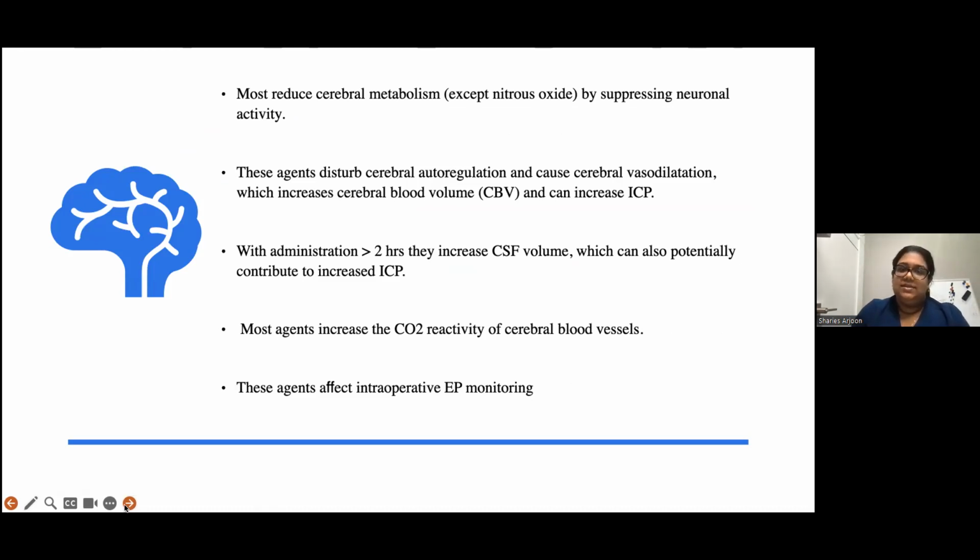These agents disturb cerebral autoregulation and cause cerebral vasodilation, which increases cerebral blood volume and increases the ICP. With administration of more than 2 hours, they increase the CSF volume, which can also potentially contribute to increased ICP. And most agents increase the carbon dioxide reactivity of the cerebral blood vessels.